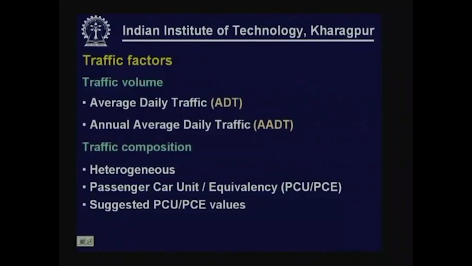There are suggested passenger car unit values for different road segments and different traffic conditions, and those values are normally available in codes. There are also country-specific values available.